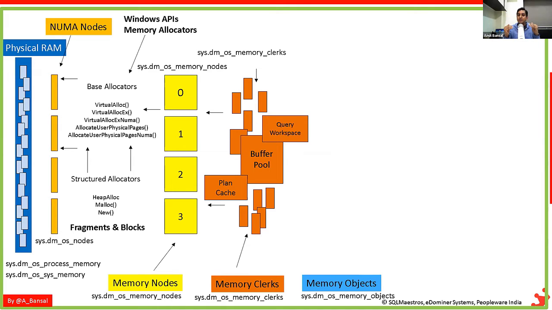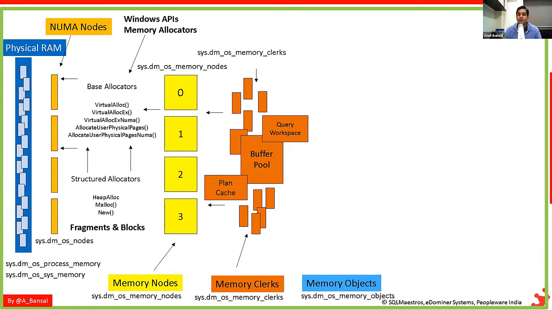So when these consumers need memory, they talk to their clerks, and clerks in turn will request memory via the nodes. So if there is one question in your mind, can I track SQL Server memory consumption component-wise or consumer-wise? The answer is clerks.